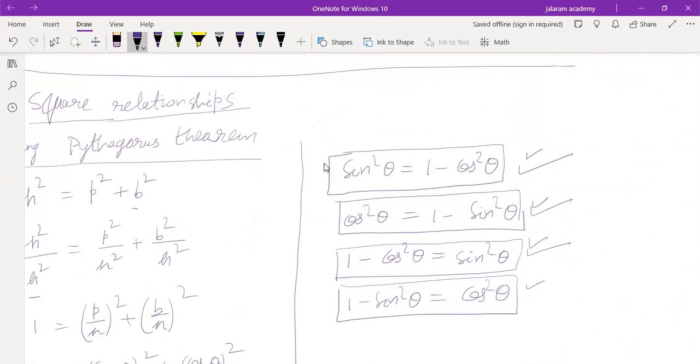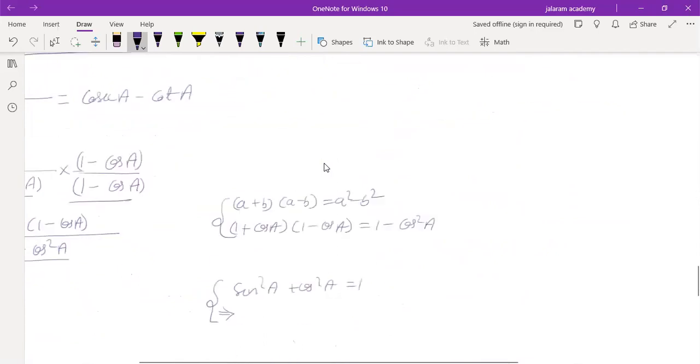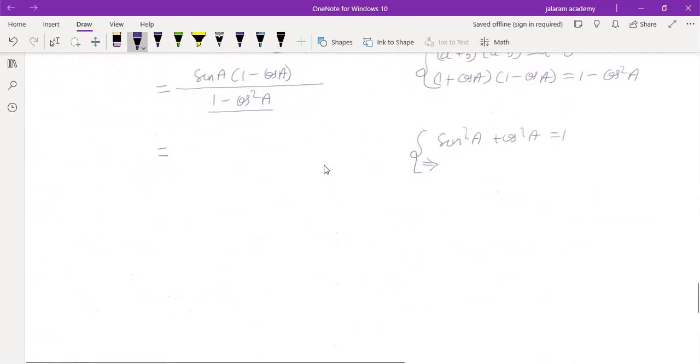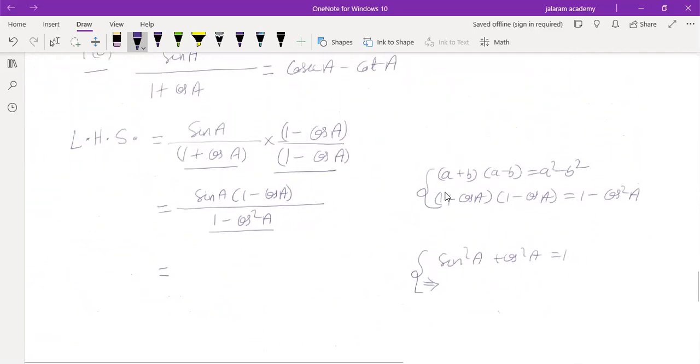So 1 minus cos square theta equals sin square theta, and 1 minus sin square theta equals cos square theta. That's why we multiply with the conjugate: the conjugate of 1 plus cos a is 1 minus cos a, and multiplying gives 1 minus cos square a, which equals sin square a.